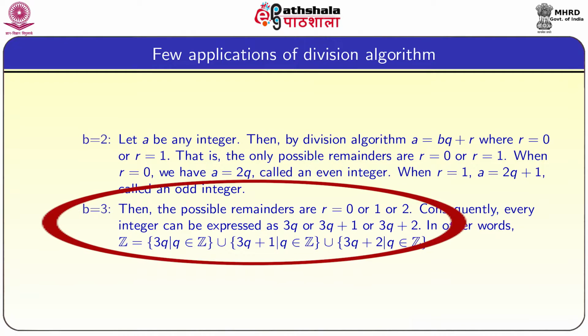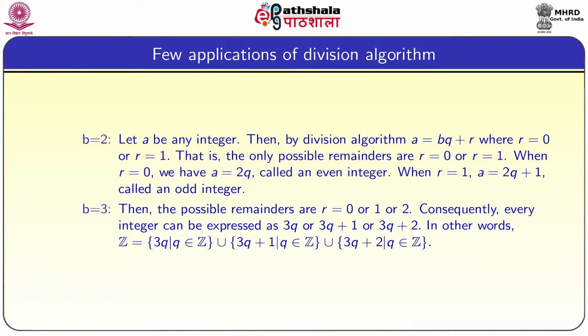If you take B equal to 3, then the possible remainders are R equal to 0 or 1 or 2. Consequently, every integer can be expressed as 3q or 3q plus 1 or 3q plus 2. In other words, the set of integers is divided into 3 sets: multiples of 3, multiples of 3 plus 1 and multiples of 3 plus 2.